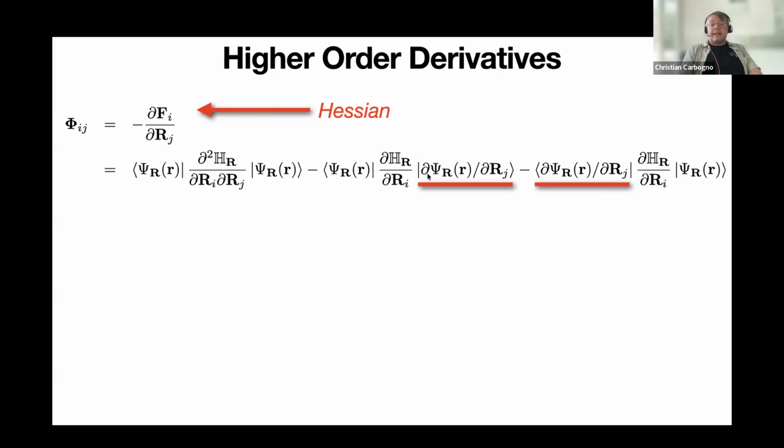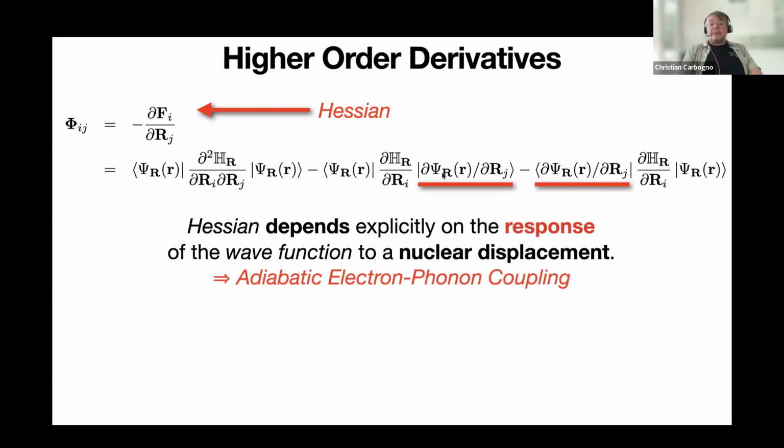And now we have again two terms that have the changes of the wave function inside. And here, this is not with respect to the Hamiltonian, but to the derivative of the Hamiltonian. And for this exact reason, these two things do not vanish.